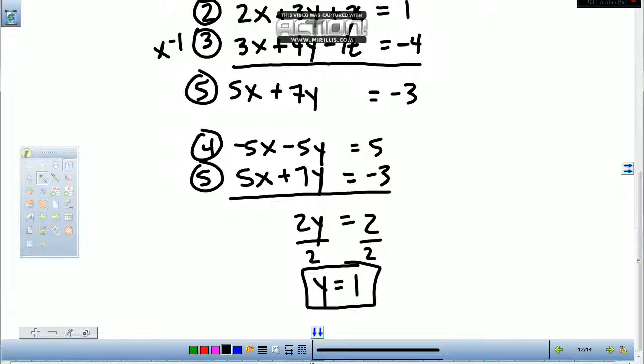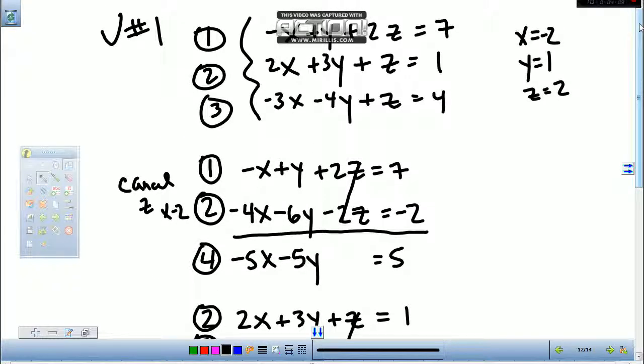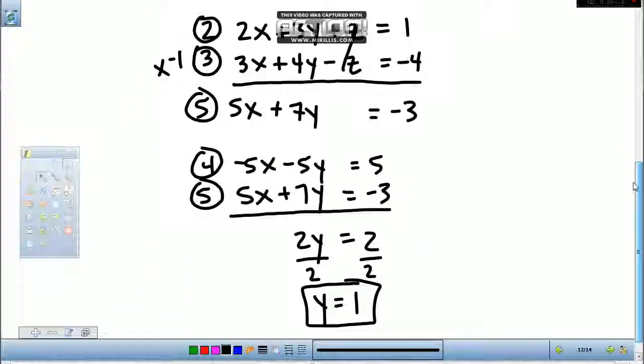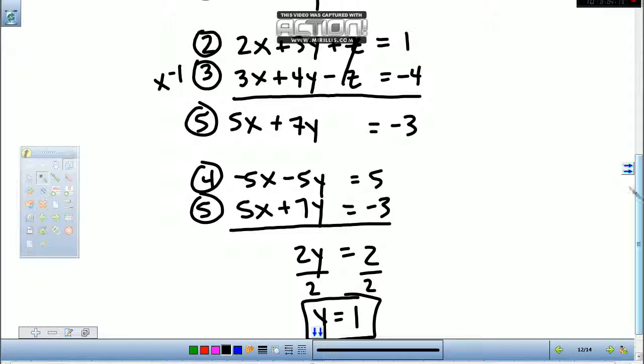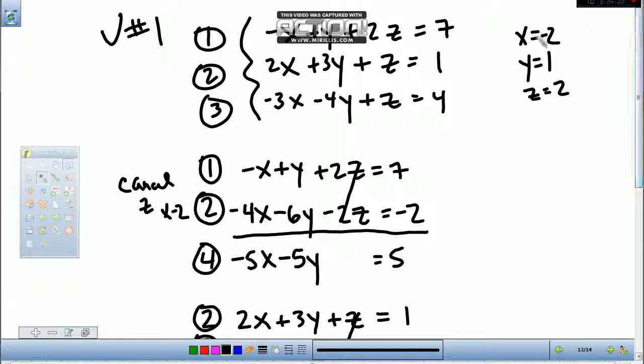Is that what we said up there? Let's see, up the top. Whoa, that's a lot of work. Y equals 1. Okay, so once you have your first variable, how come you cannot substitute it back into one of the original equations? Good, we only have one variable solved for, and there's 3 variables.